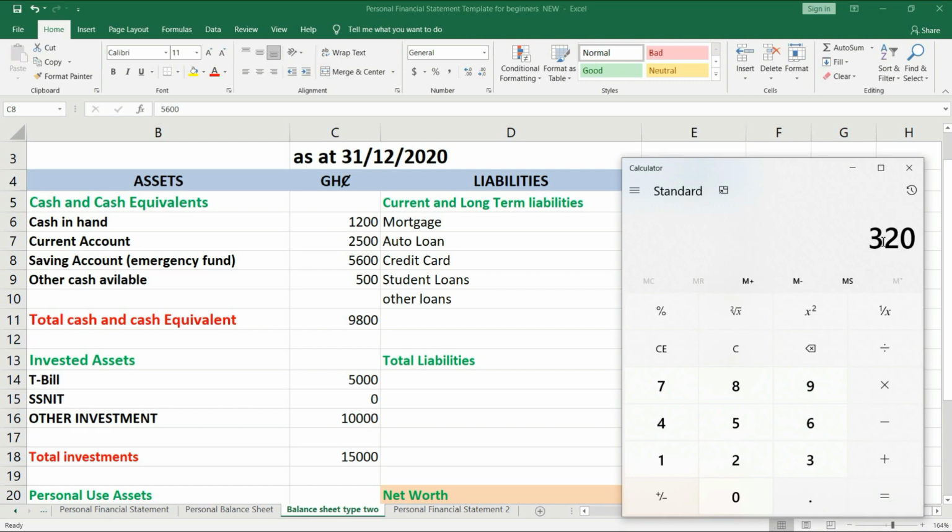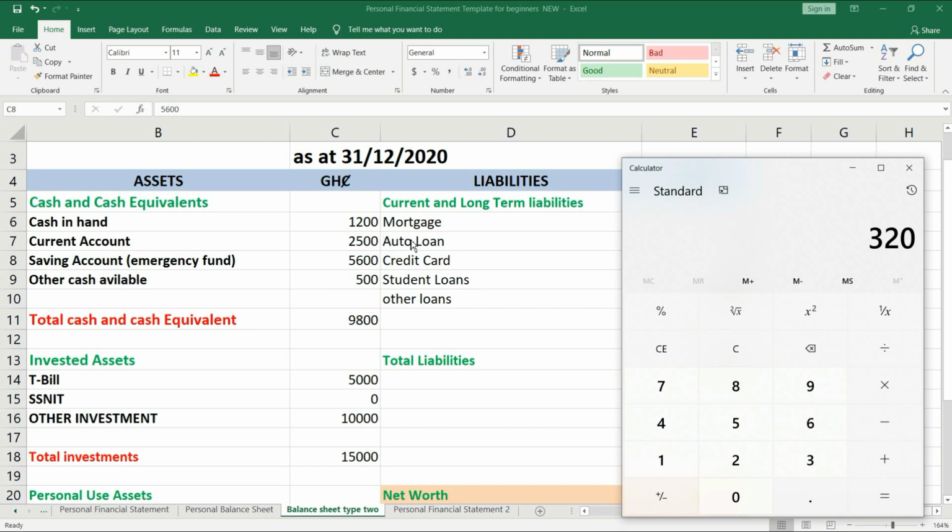Okay, so that 320 cedis, what happens? I decided to put it in my current account. So the new figure I'm going to get will be 2,800 and 20, I think.